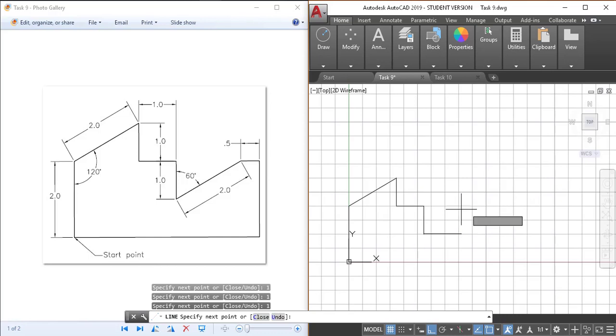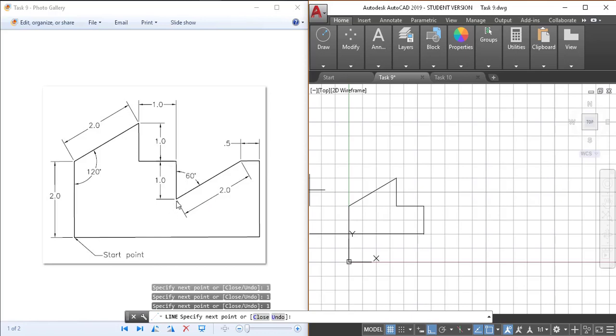For the next line, which is neither horizontal nor vertical, we have to calculate its angle with the positive x-axis. We can see that this line is making a 60-degree angle with the positive y-axis, and the angle between the positive x-axis and positive y-axis is 90 degrees.